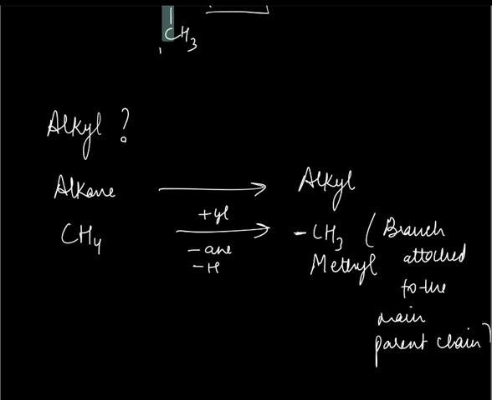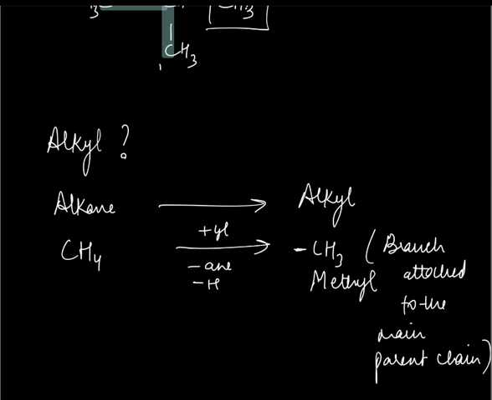It doesn't exist on its own. It's something that we decide based on different sets of rules that we need to follow, whether which alkyl is going to be there, which is not, etc. So a branch attached to the main parent chain doesn't have its own existence.